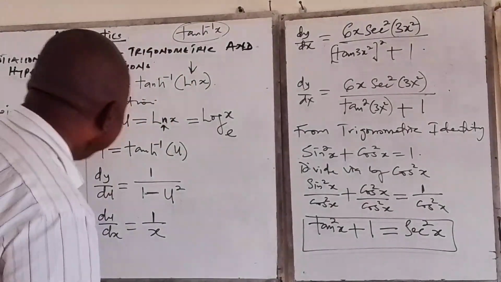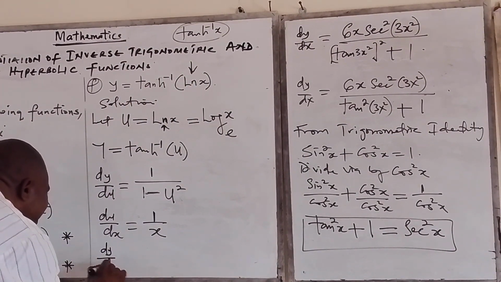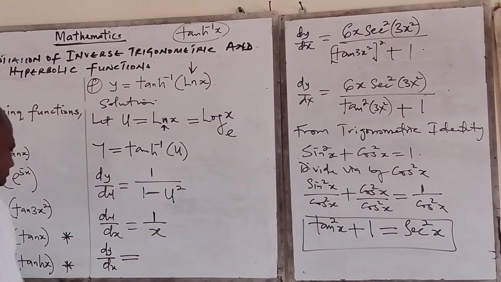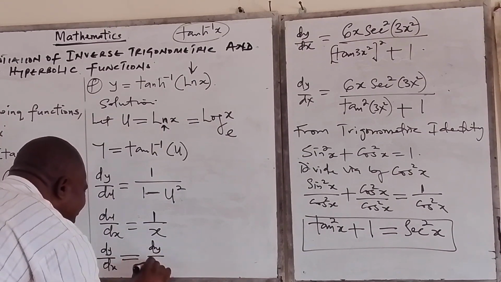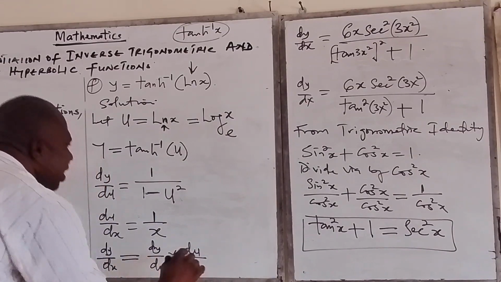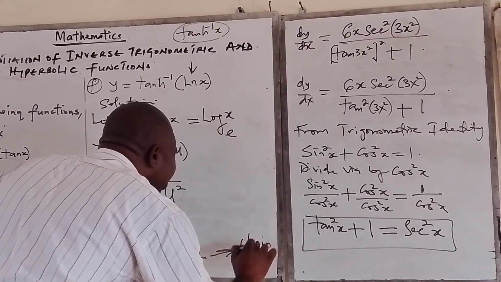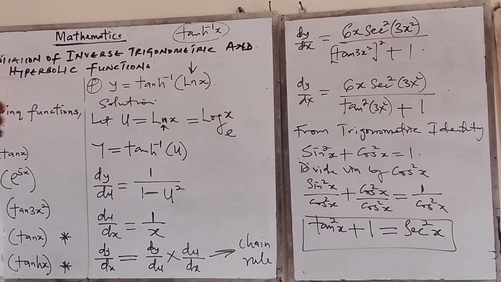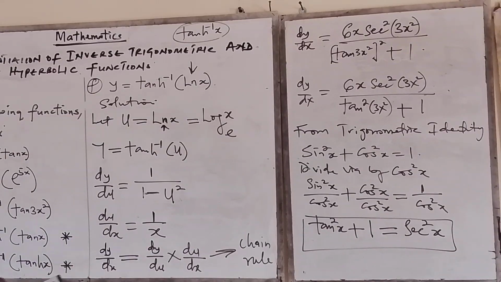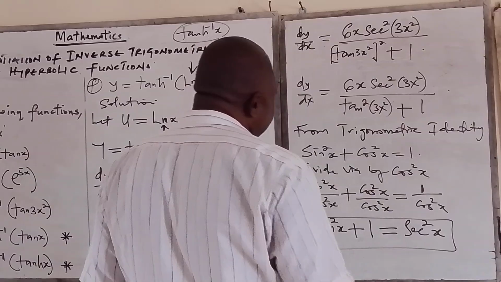So it therefore means that dy/dx will be equal to dy/du times du/dx. Now we know this is called the chain rule. Yes, it's called the chain rule. So dy/dx is equal to dy/du times du/dx.